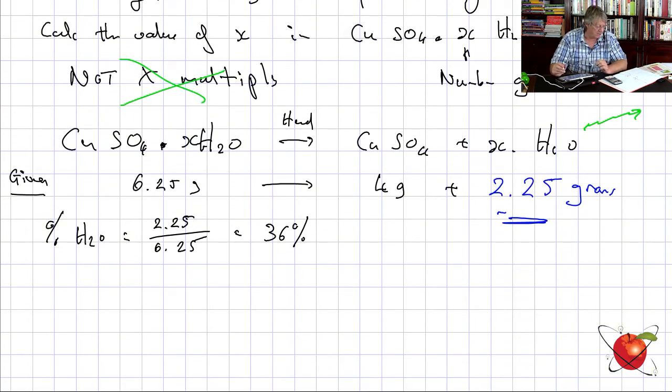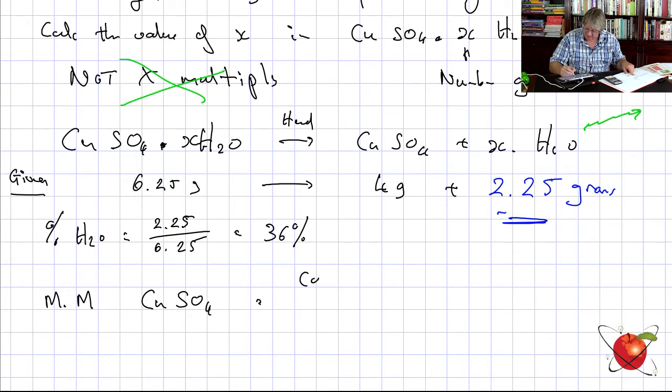Let's look at how many moles of copper sulfate. Well, guess what? We're going back to molar mass. Always molar mass, right? The molar mass of CuSO4. What's the molar mass of copper sulfate?